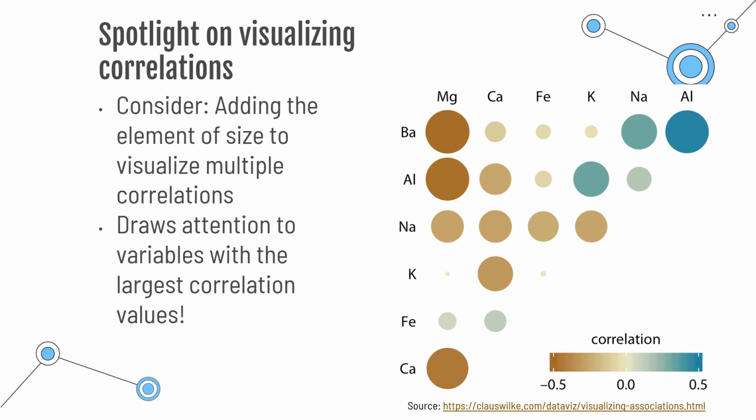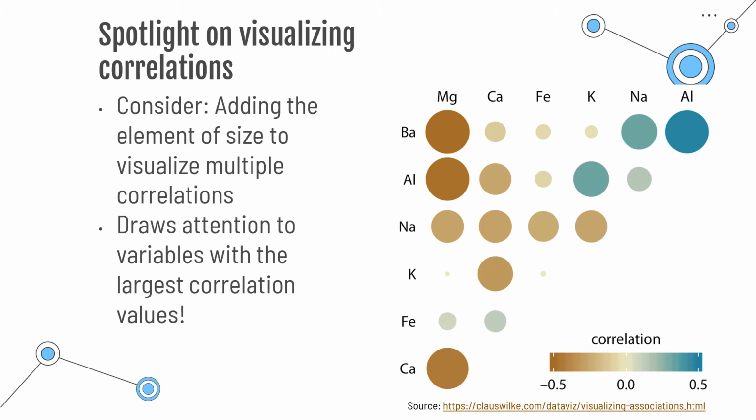However, I want to present here a correlogram that takes a slightly different approach and uses the element of size. So here you can see that there's still a color scale to indicate whether the correlation is positive in blue or negative in brown.